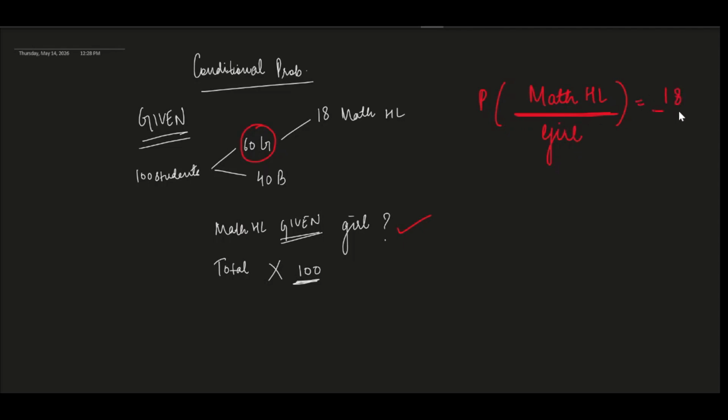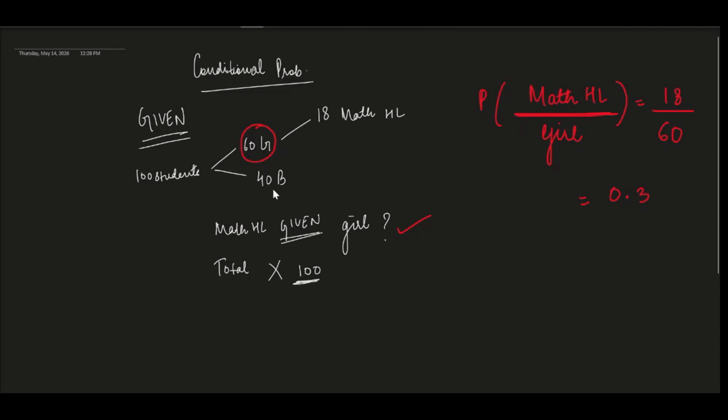Out of 60 students, 18 will be studying math HL, so the probability will be approximately equal to 0.3. This vertical line means that it is given. So we write the total outcomes under this bar. This is how we find the probability.